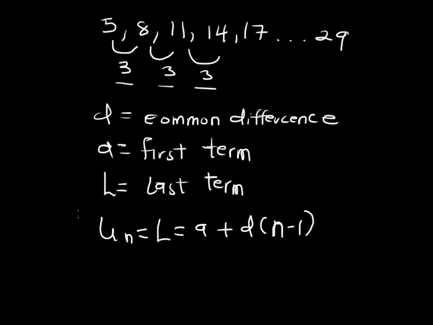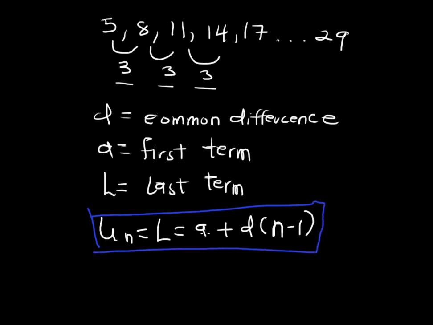This is the formula we use for solving arithmetic progression. We'll be seeing a lot of this formula as we go by, and it's important to write this formula down. So this is the idea behind arithmetic progression.